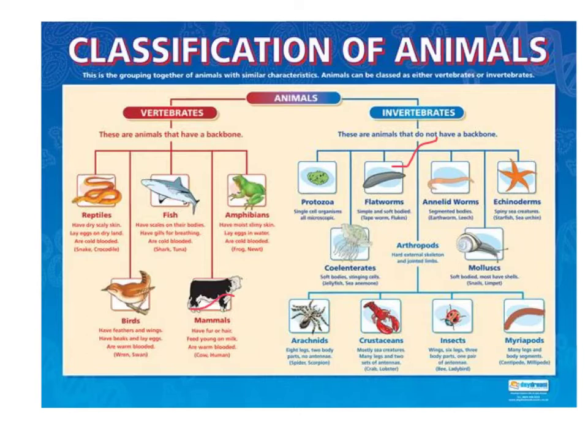Vertebrates are animals with a backbone. Your invertebrates do not have a backbone. From there, in our vertebrate group, we've got mammals, birds, reptiles, fish, amphibians. Invertebrates, you've got your worms, your echinoderms, your arthropods, your mollusks, your arachnids, your insects, your crustaceans, and so on.